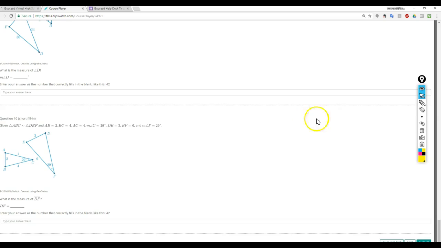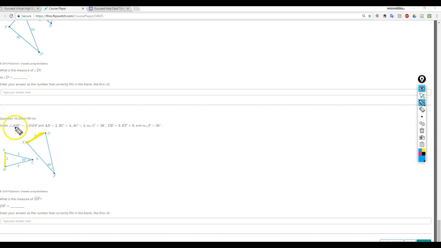So we know that we have similar triangles and we're looking for a length of a side, so we need to find our corresponding sides. So AB, first vertex to the second vertex, is going to be corresponding to DE, which is the first vertex to the second vertex.